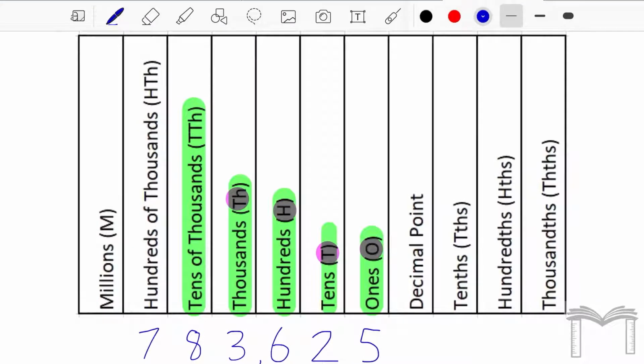And this 7 is in the hundreds of thousands column. If we add one last number on the left, this number is in the millions column. So those are the place values for each of the digits in the number.